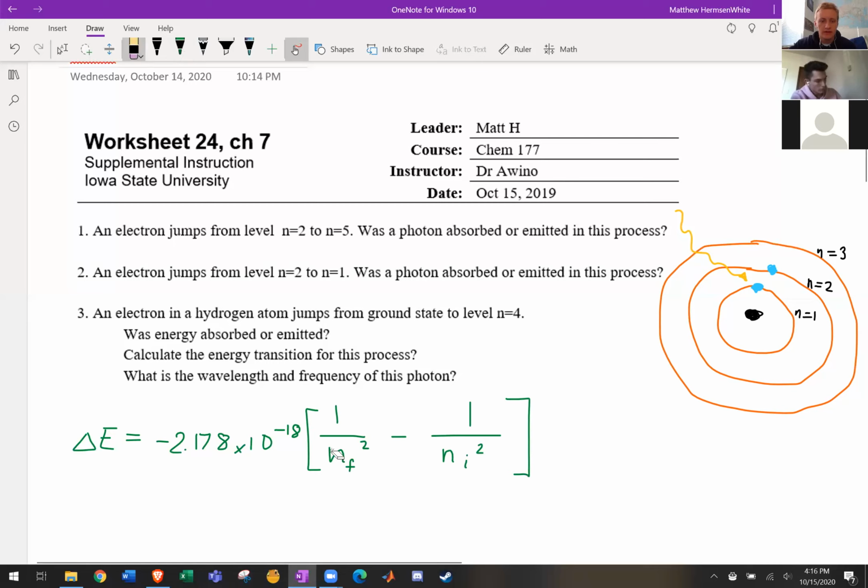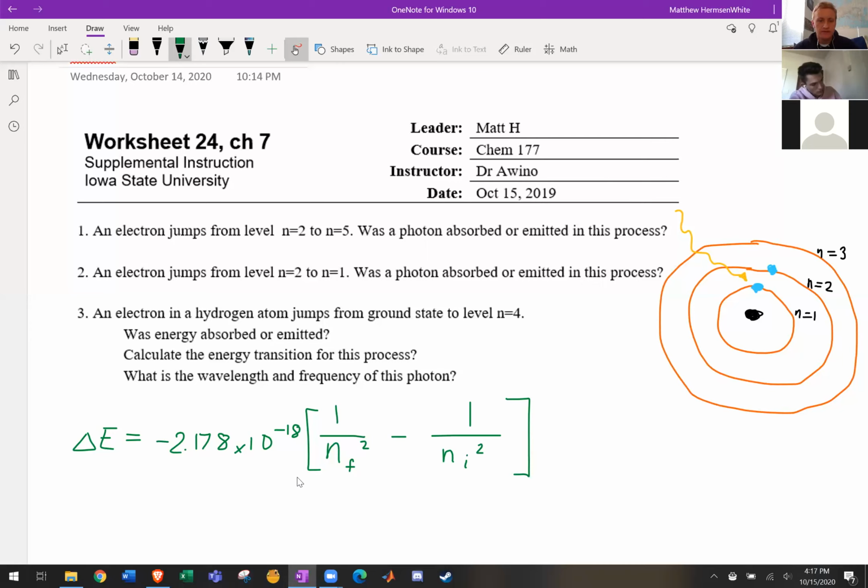So these n's are literally just the number, like n equals 1 or n equals 2 or whatever. So you have to put in the final n and the initial n and square those and then subtract them.